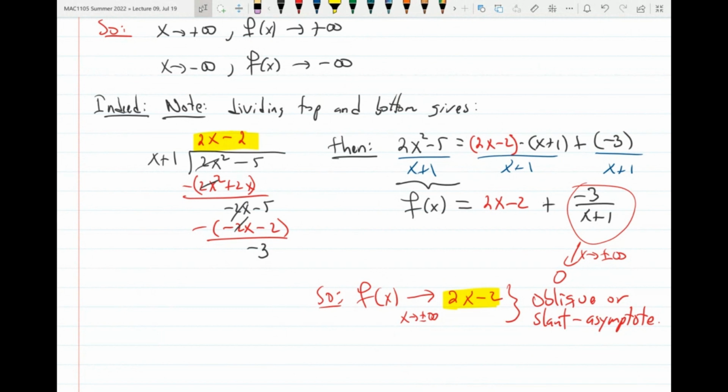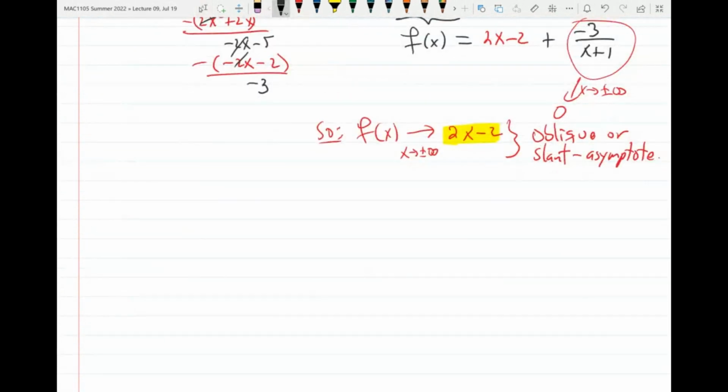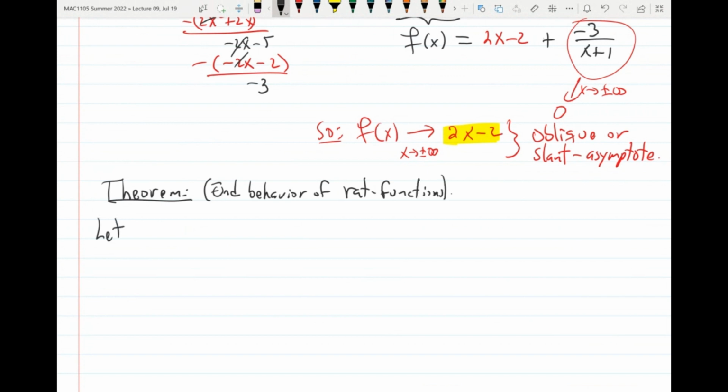So that's the summary. I'm going to summarize that as a theorem. Theorem, this is about end behavior of rational functions. Let f of x be equal to p over q, and this time I'm going to write it as a polynomial.